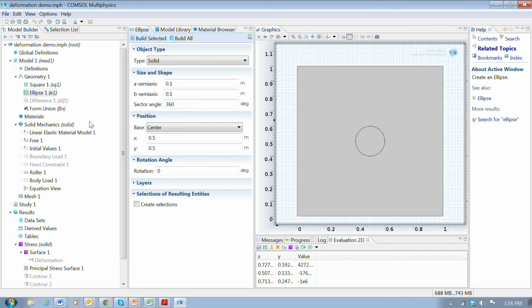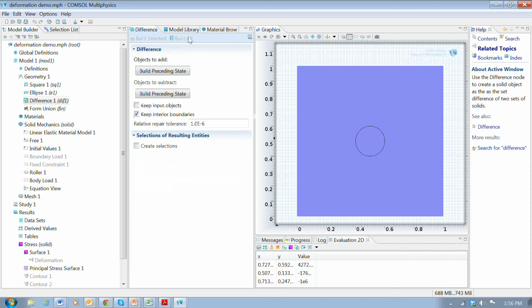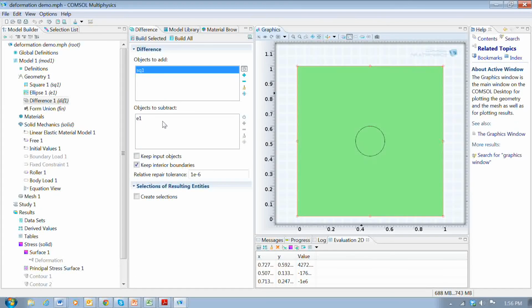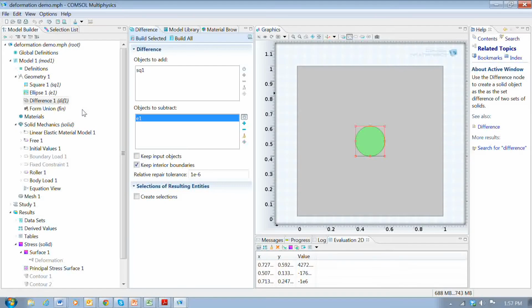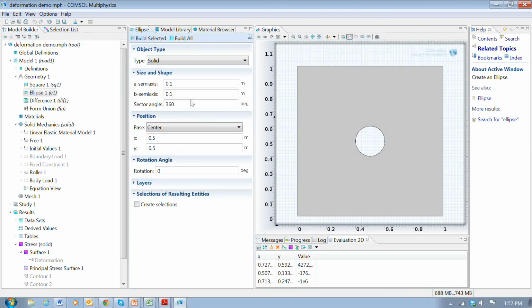It's of course a circle at this point, and then I use the difference function, I'm going to turn that on, to make it a hole. I take this block and I subtract from it that block, and I get a hole. Okay, so there's the hole, and if I wanted to make this a long thin ellipse, then I would just change the semi-axis like that.